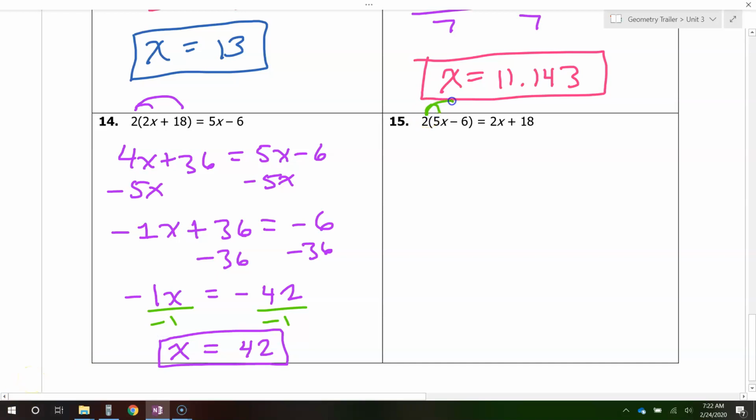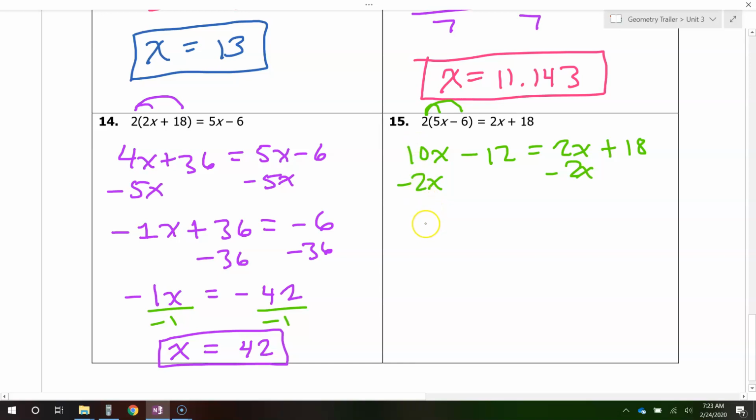All right, last one, again, the distributive property. So 2 times 5x is going to be 10x. 2 times -6 will be -12. So we have the variable on both sides. Whenever you see that, you should subtract one of them so you can get them together.